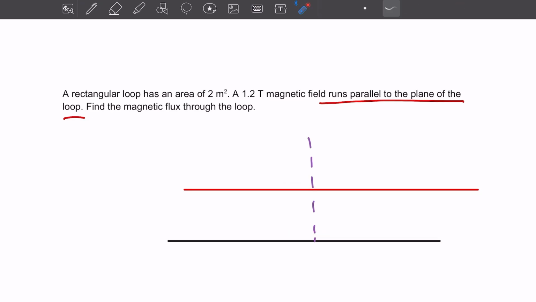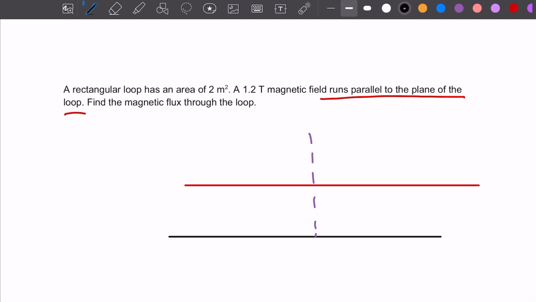Visually, we can see that if it's parallel to the loop, then it's not passing through it at all. So we know that the magnetic flux through the loop is going to be zero. But if you want to visualize this mathematically, the angle between the normal and the magnetic field is 90 degrees. So that's our theta.